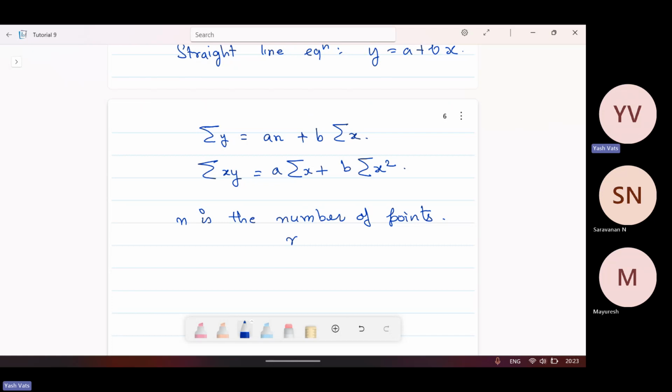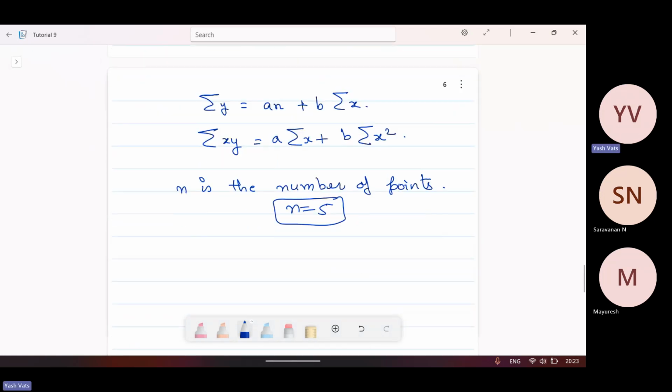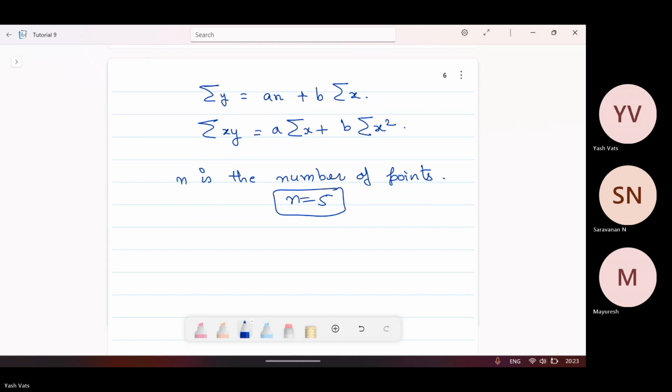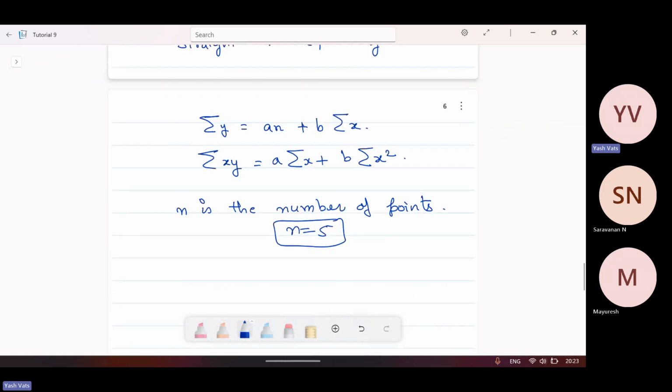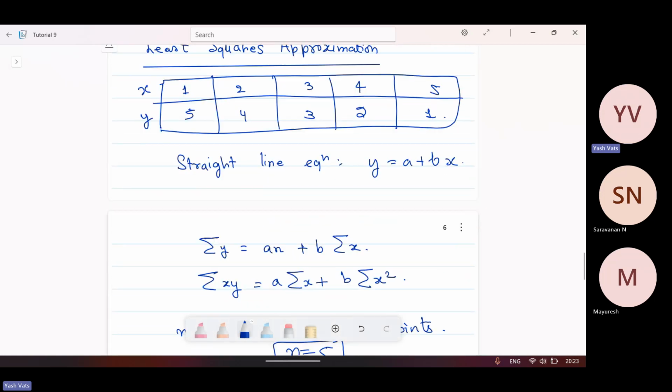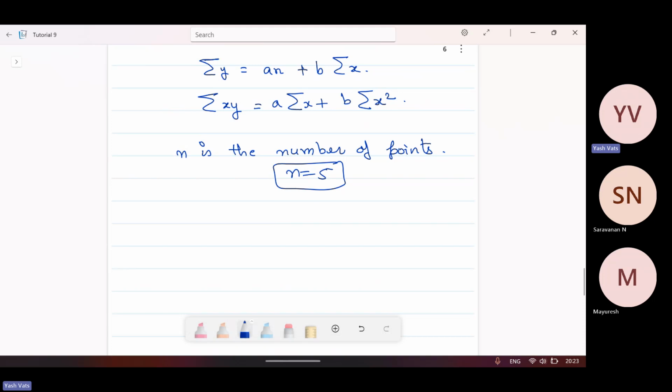So how many points do we have? n is 5 here. I will discuss this approximation more clearly in coming sections, but for this type of data, you can find all these numbers: summation y, summation xy, summation x, and summation x squared. Can you do that?